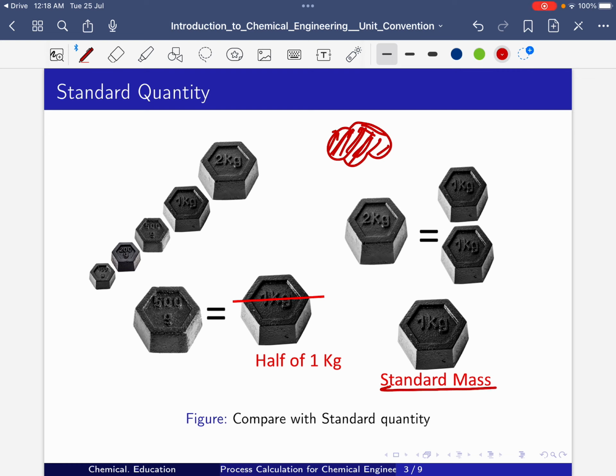Now, if we know how much the quantity of 1 kg of mass is, if we know this is the standard, then we can easily measure other quantities.